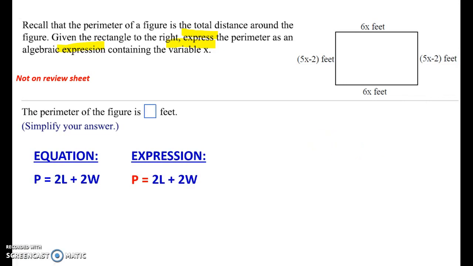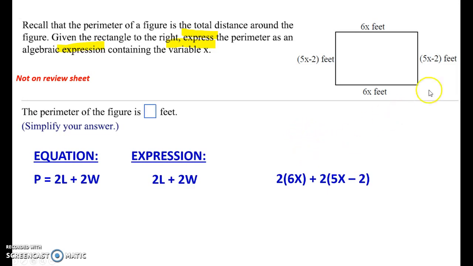Okay, can you see the difference between an equation and an expression? In the expression, the equal sign went away. Did you see that? We have no equal sign. That's the difference. Here I actually use the formula for perimeter, 2 lengths plus 2 widths.